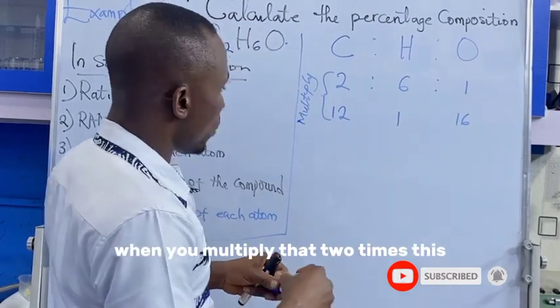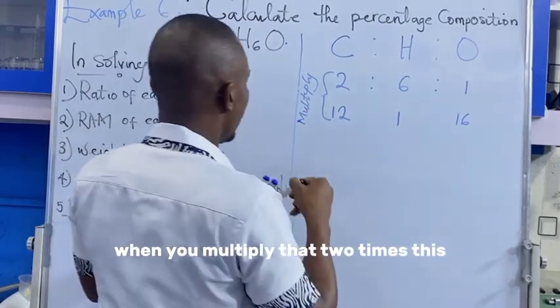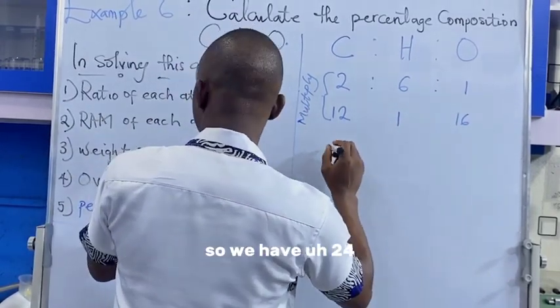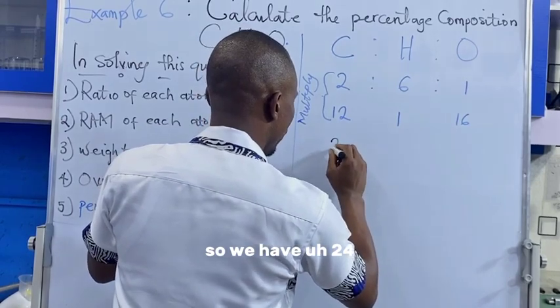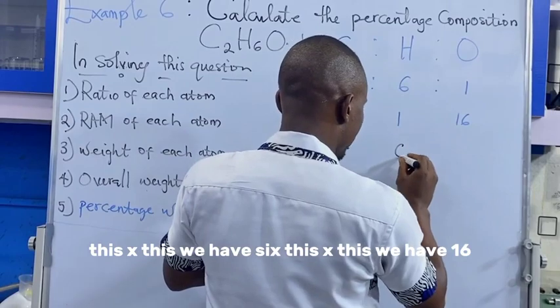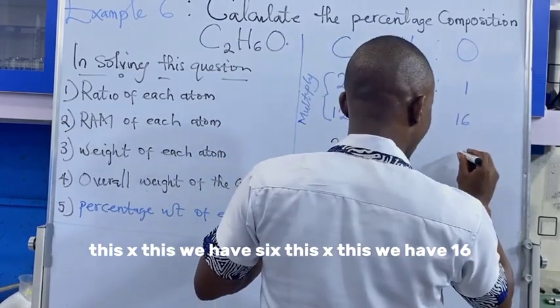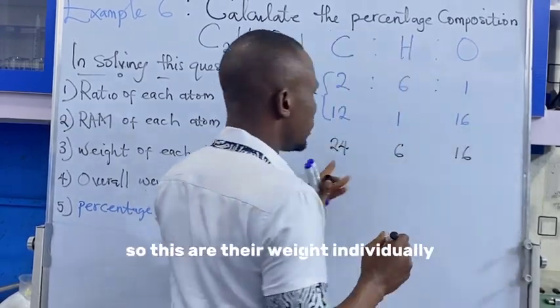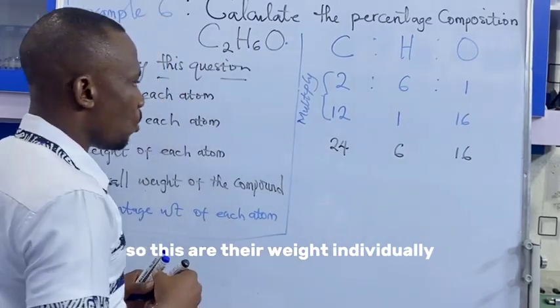When you multiply, that will give us the weight of each of the items. So we have 24. 6 times 1 we have 6. 1 times 16 we have 16. So these are their weights.